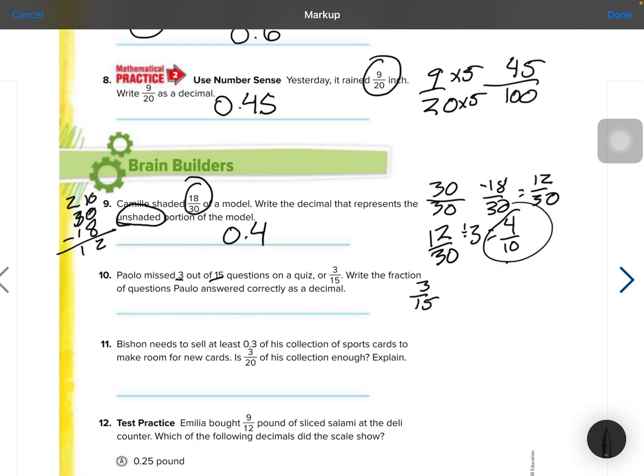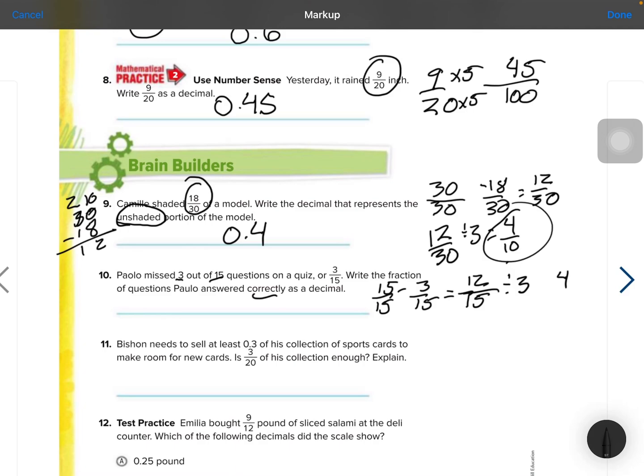Paulo missed 3 out of 15. Write the fraction of questions Paulo answered correctly as a decimal. So if there were this many questions on a test, 15 minus 3 would equal 12 out of 15 that he answered correctly. We can turn that into a decimal, but we need to simplify this first.